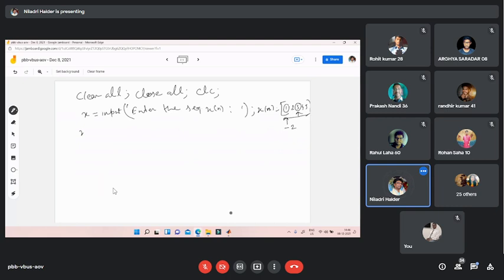So we will consider that as xp, input, enter the initial index position of xn.